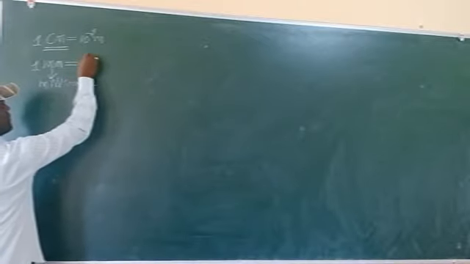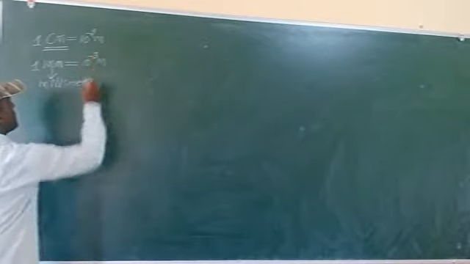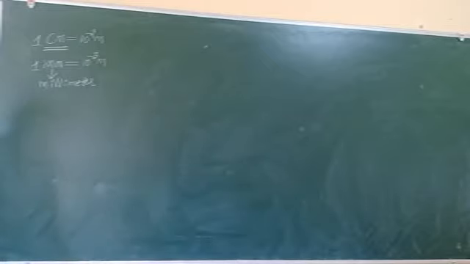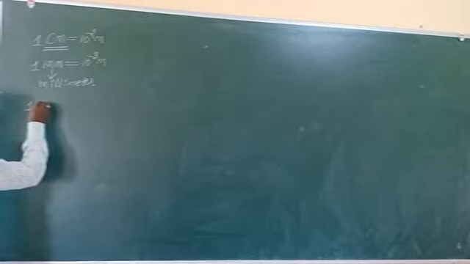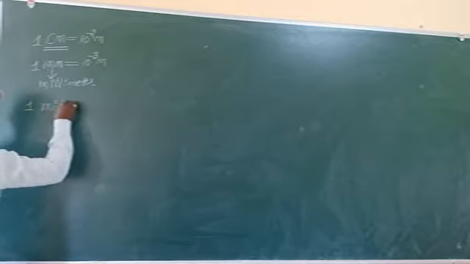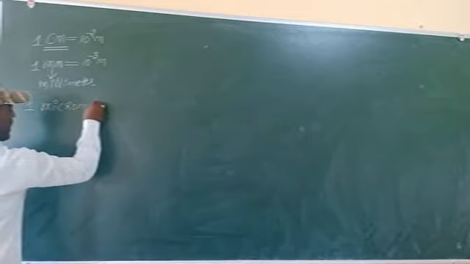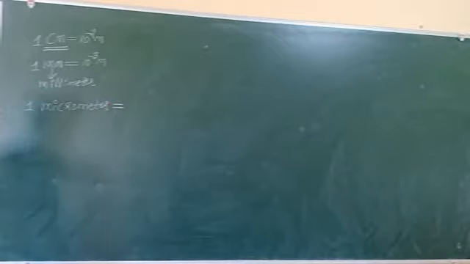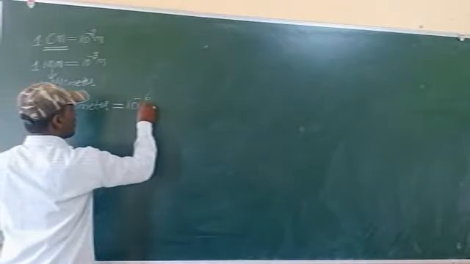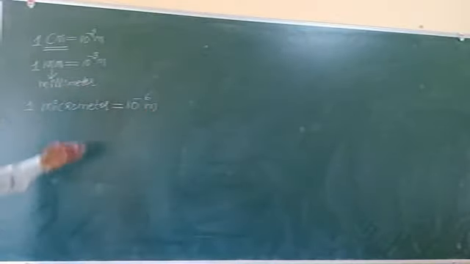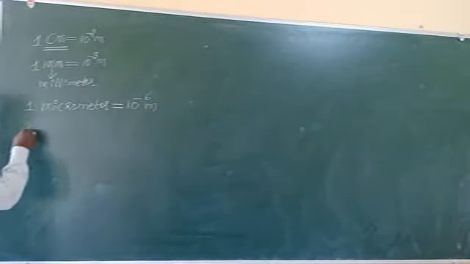The value of 1 millimeter is 10 to the power of minus 3 meter. Next, 1 micrometer is equal to 10 to the power of minus 6 meter.